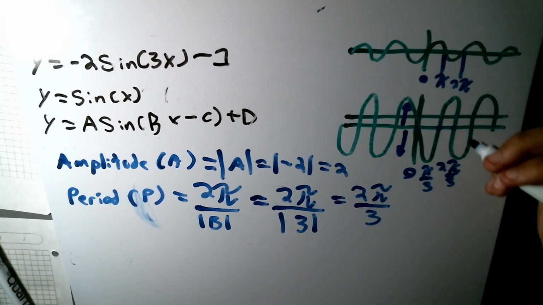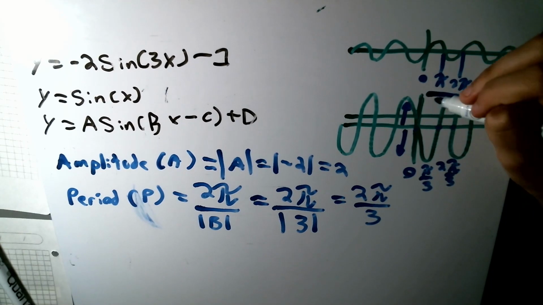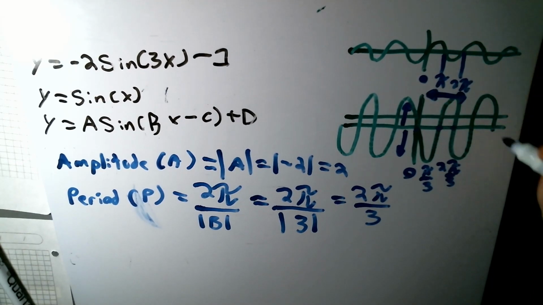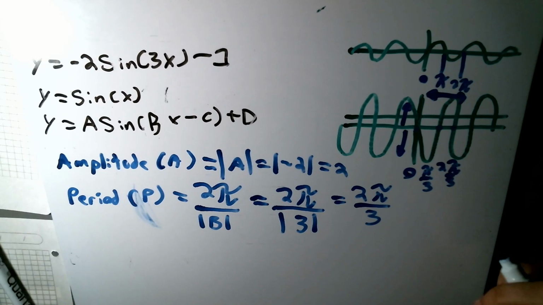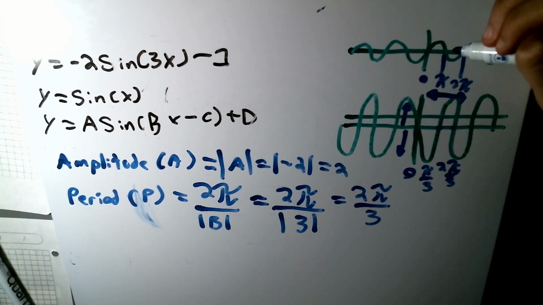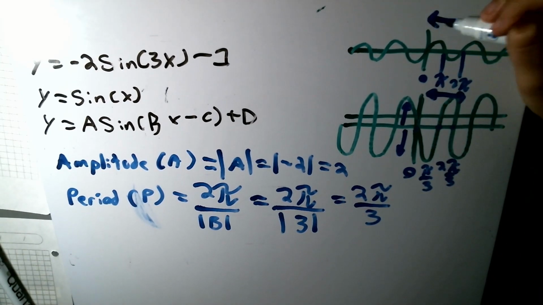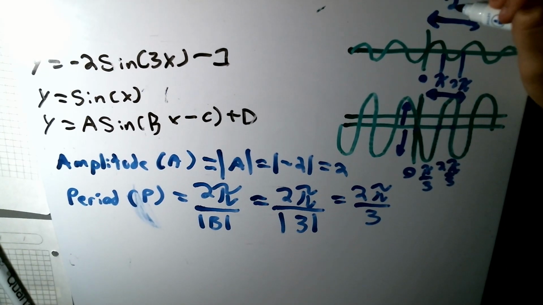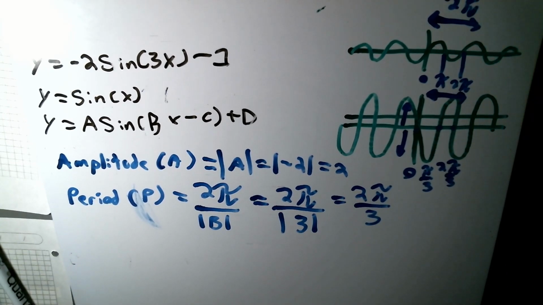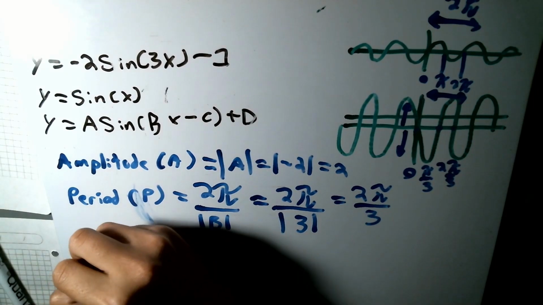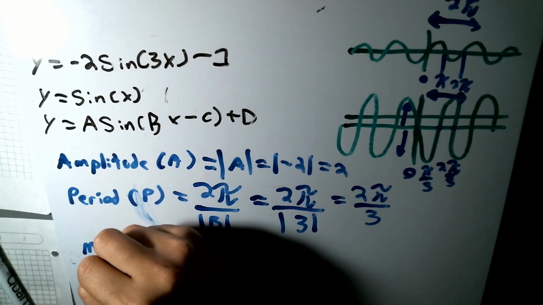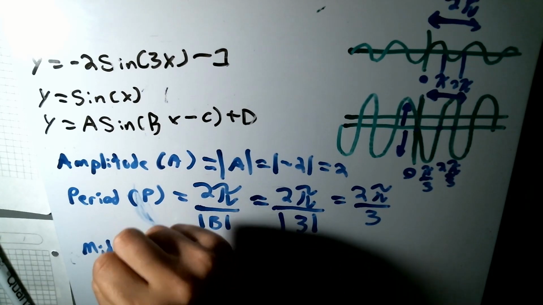And the period is the lapse, the circuit, one circuit before it starts repeating infinitely. In the normal one it is 2 pi, because we have to compare both. And now the midline, which I have been mentioning a lot.